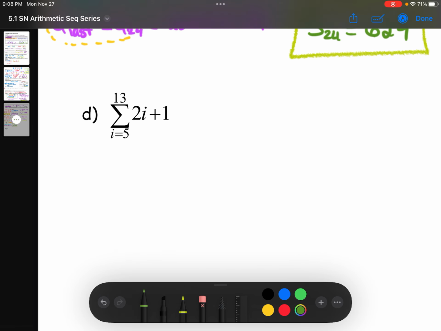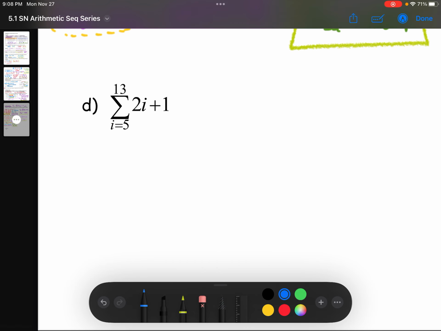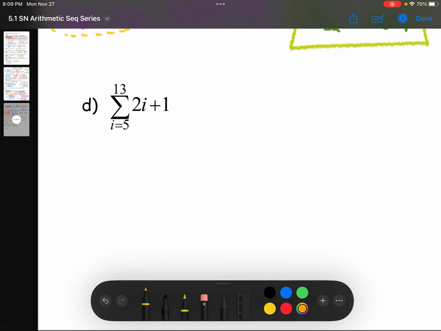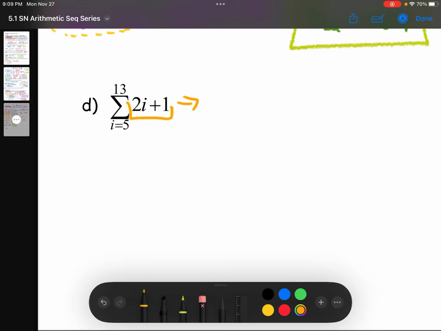Now, there's a little bit of trickery on part D. We're using the same formula. So this means that a sub n is 2n plus 1. It tells us a first and a last, the bottom and top numbers on the sigma.